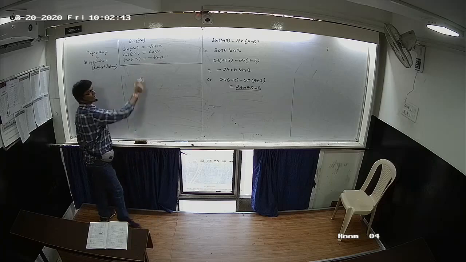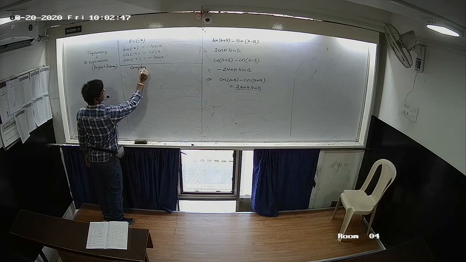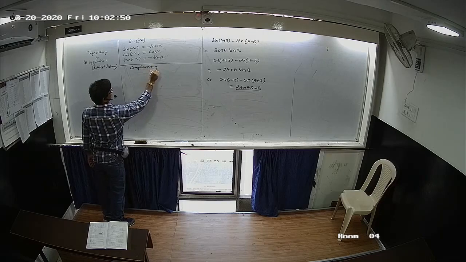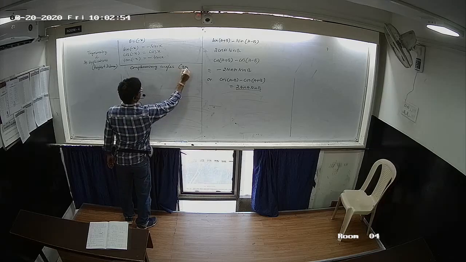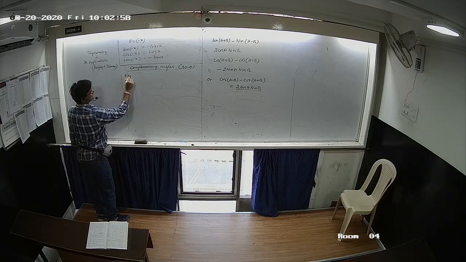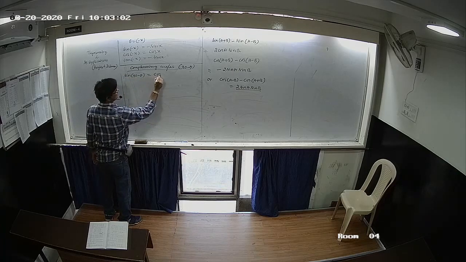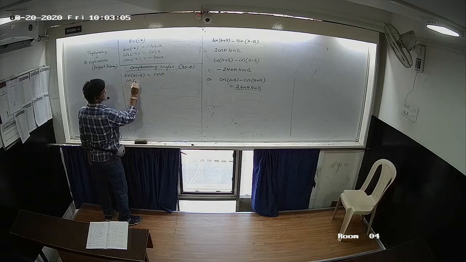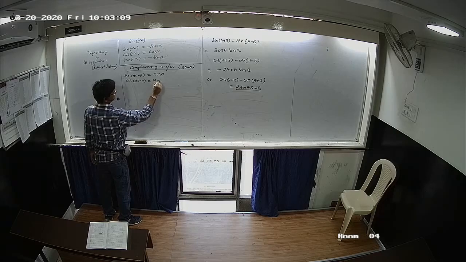This you must remember. Complementary angles, 90 minus theta. Sine of 90 minus theta is equal to cos theta. Cos of 90 minus theta is sin theta.